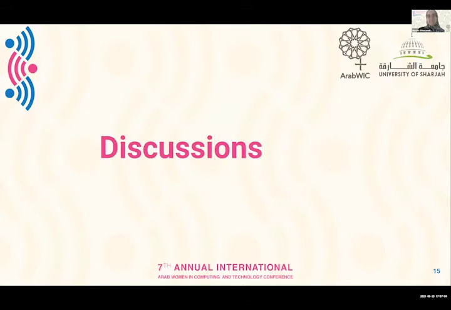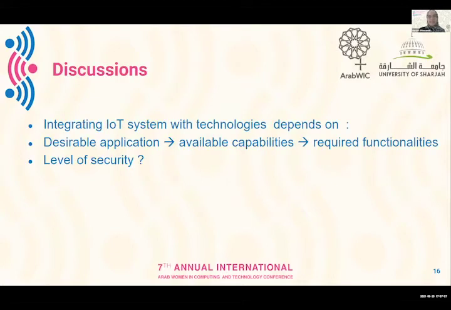If we go to discussions, to integrate the IoT system with these technologies, we have to look at 4 points. The first one is, what is the desirable application that you want to make? What are the available capabilities that you have? What are the required functionalities from your system? What is the level of security that you want to provide?